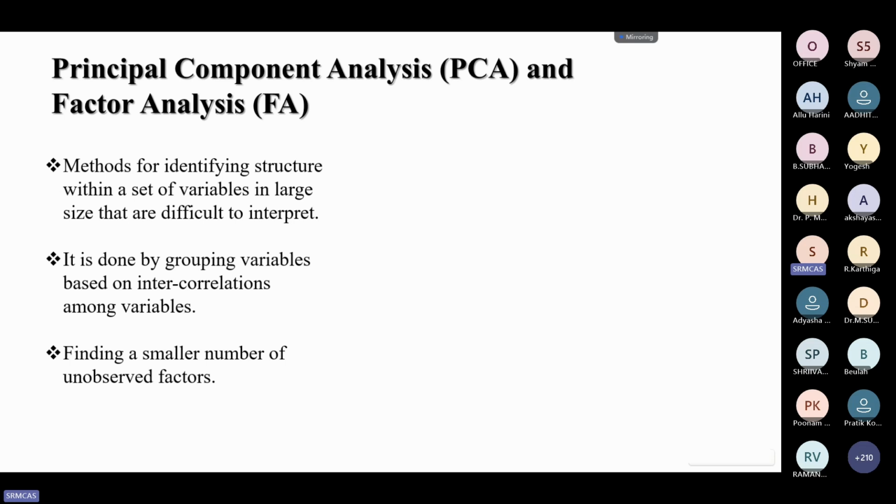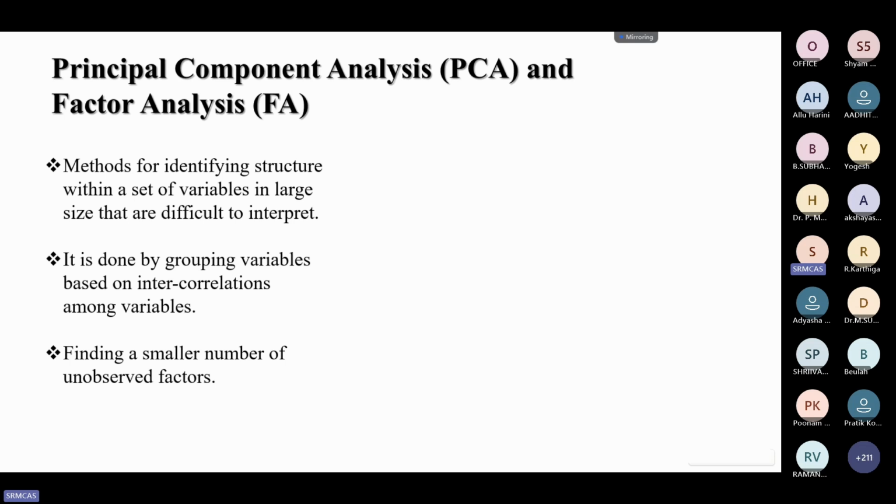In such cases, they can group the similar kinds of variables into different groups or factors. Based on these groups, they can take marketing decisions. Such situations may exist even in agricultural sciences and other science backgrounds.